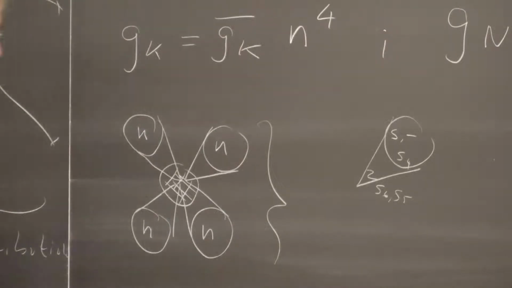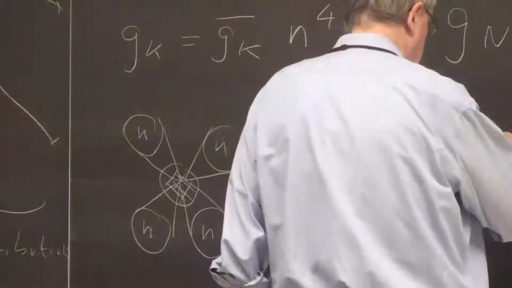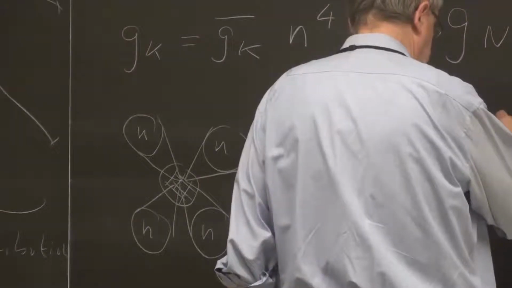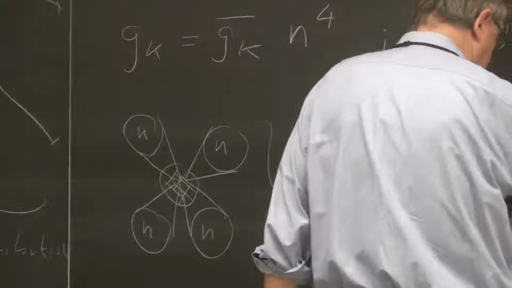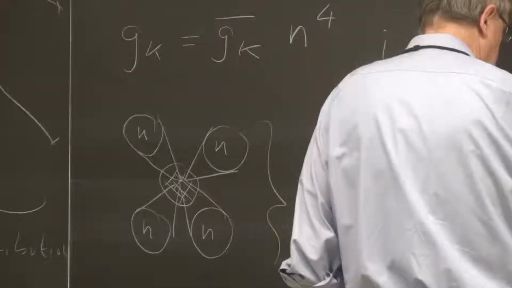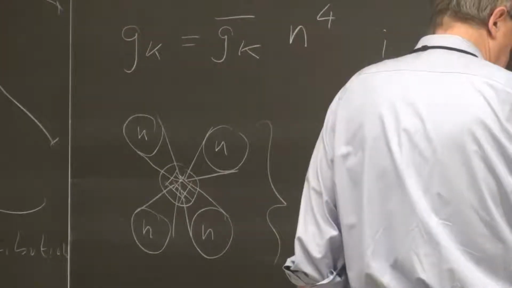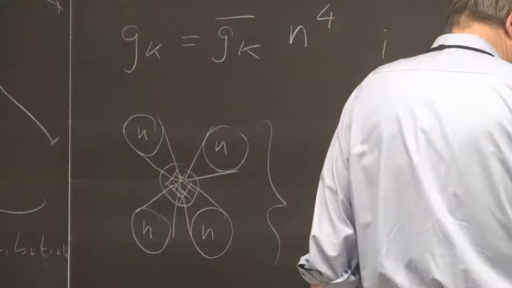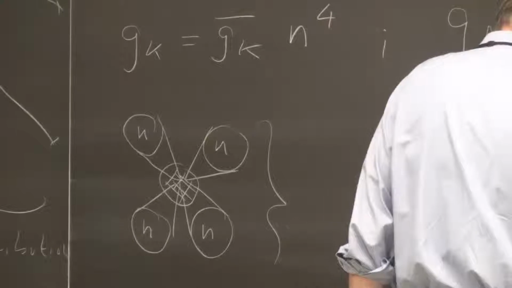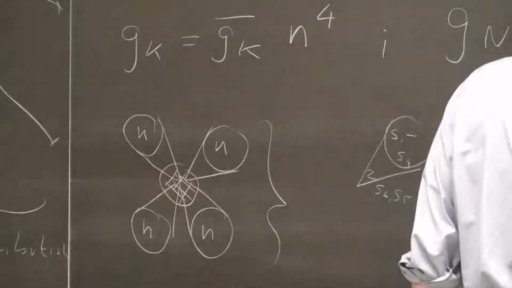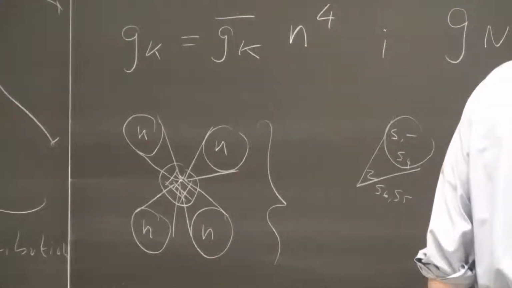The n to the 4 term has its own dynamics, and it's described by this equation where we have an alpha of v times 1 minus n plus a minus beta of v times n.